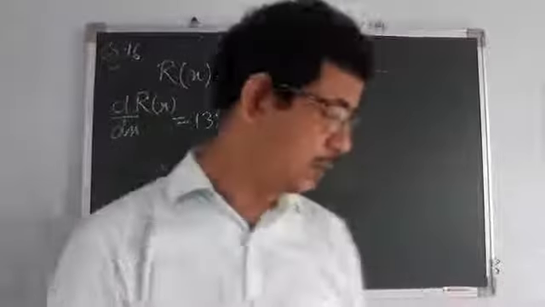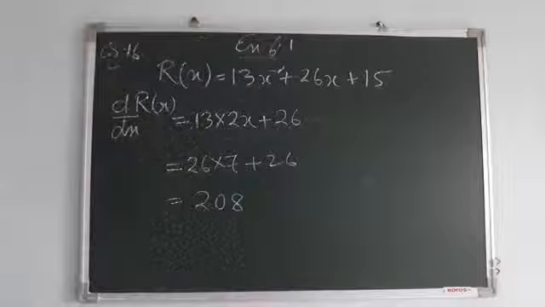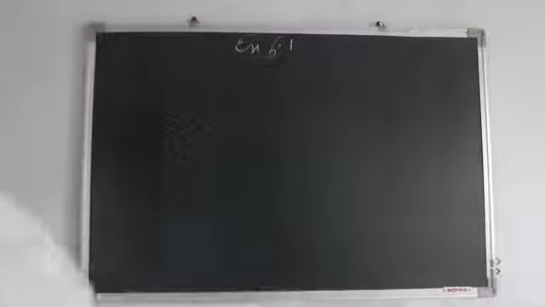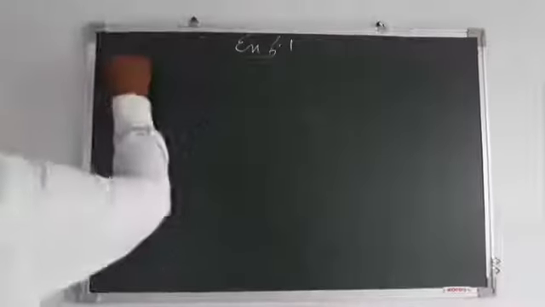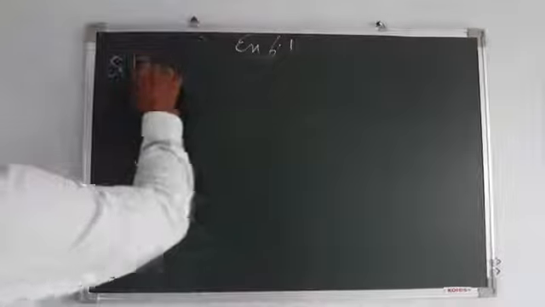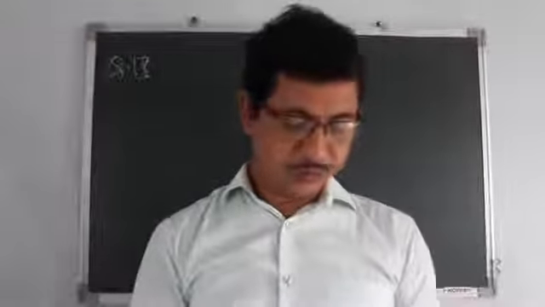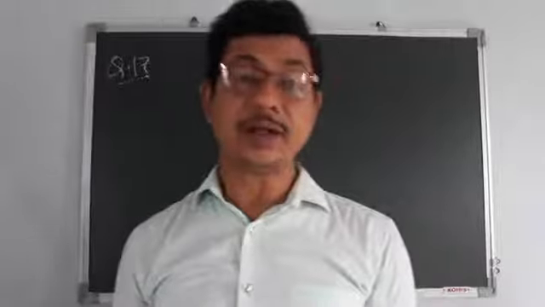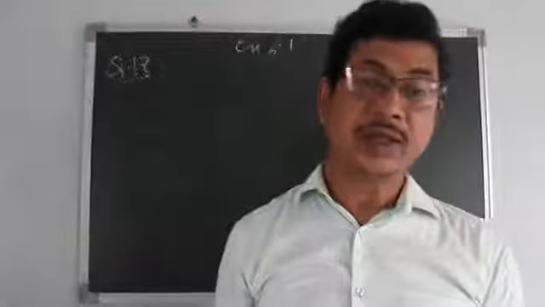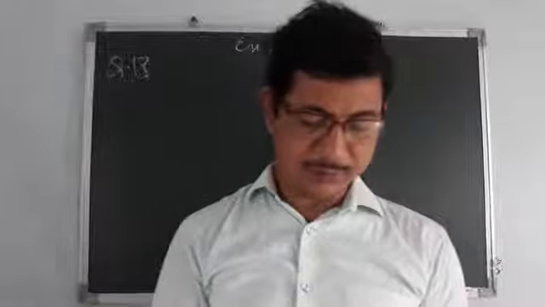Now question number 17. It is like that. The rate of change of area of a circle with respect to its radius r at r equal to 6 centimeter is 10π, 12π, 8π, 11π.